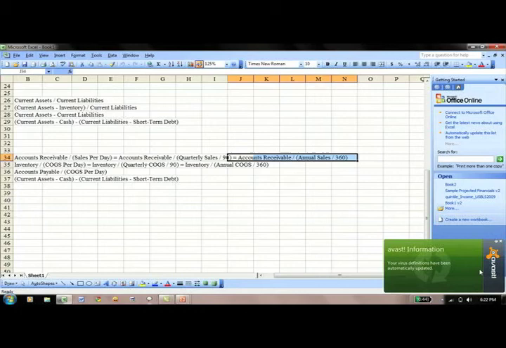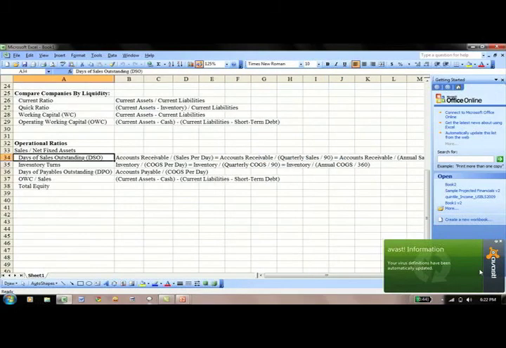Now, there are other people that tend to say, I'm not going to use 360, I'm only going to use the actual number of days that my company was in business. Those are different metrics, so different companies tend to have their preferences on how they do it. But what you have here is standard Wall Street stuff.